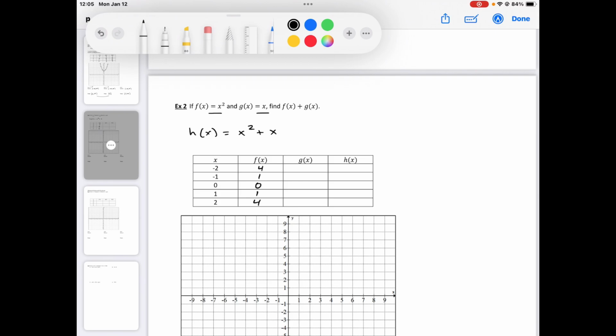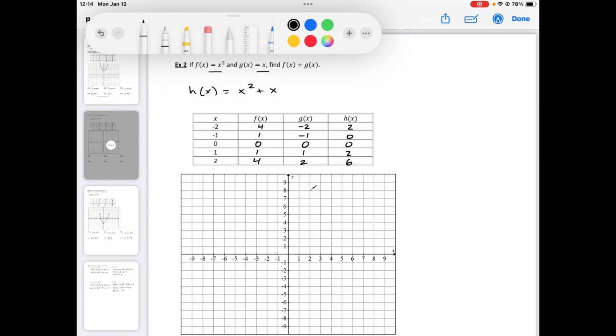And then g(x) is just equal to x. So we get -2, -1, 0, 1, and then 2. And then to find the y values of h(x), we're just going to add those two values together. So 2, 0, 0, 2, and then 6.